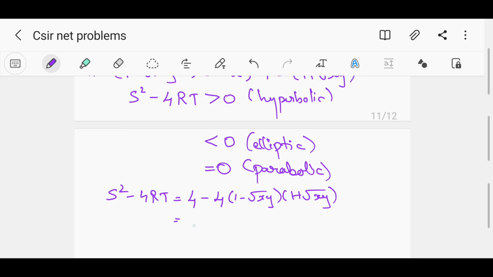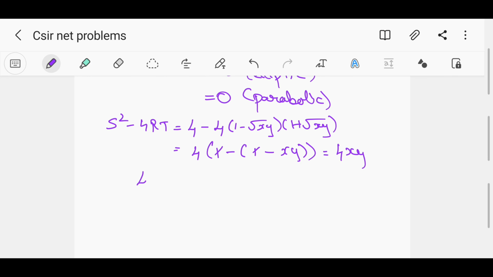So this is equal to 4 into 1 minus, here I have taken 4 common, and this can be written as a square minus b square. So that is 1 minus the square of root of xy, that is xy. Here 1 and 1 get cancelled, and you get 4 into xy. So this is equal to 4xy.